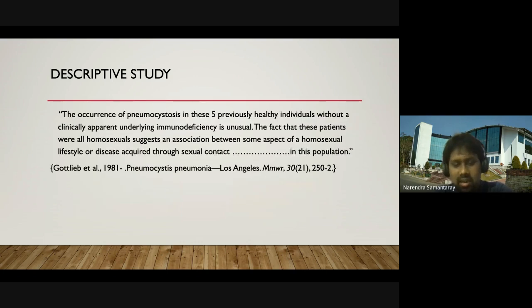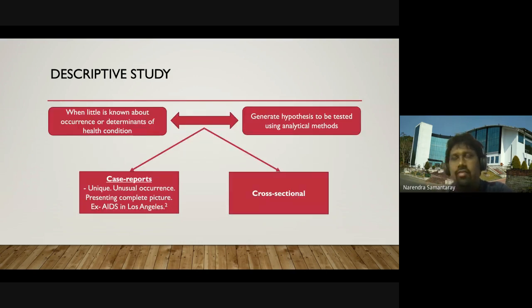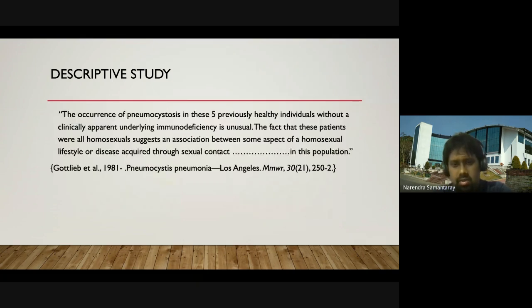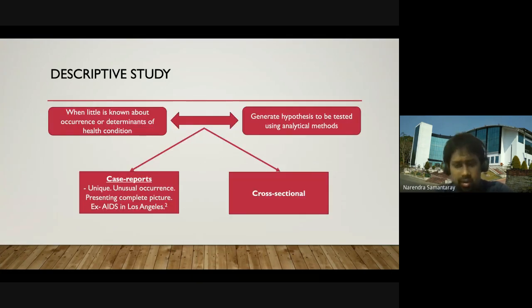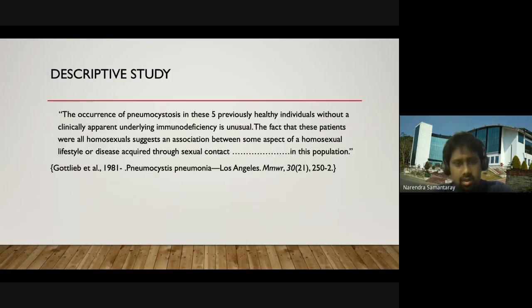It was published in the journal Morbidity and Mortality Weekly Report, where they reported five homosexual individuals. They complained of pneumocystis, and basically they could not find any reasons.